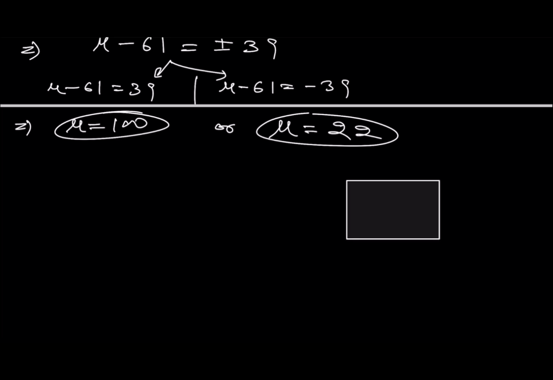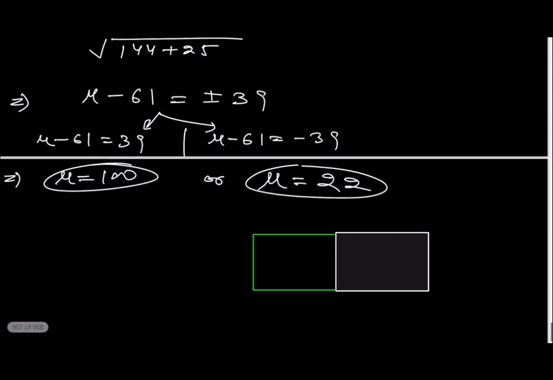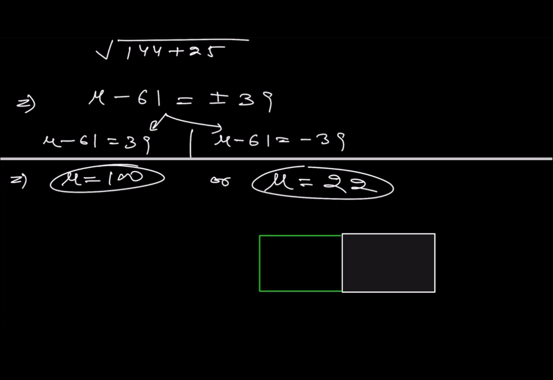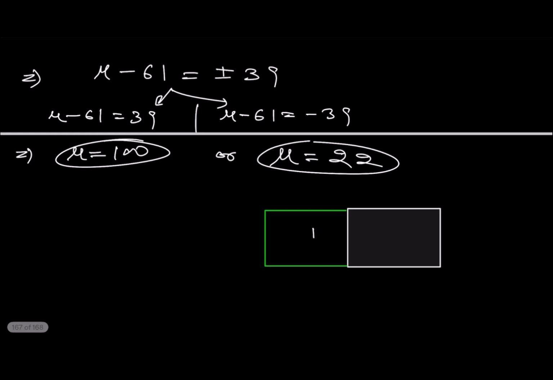Say one is this and another is this, because this line is 12x minus 5y plus 61 is equal to 0. Okay, so this can be 12x minus 5y plus 100 is equal to 0, or this can be 12x minus 5y plus 22 is equal to 0.